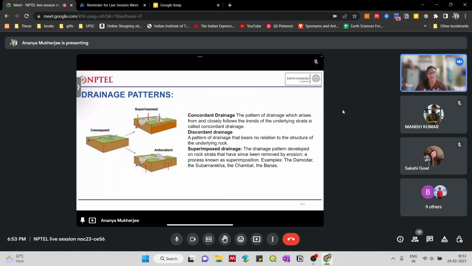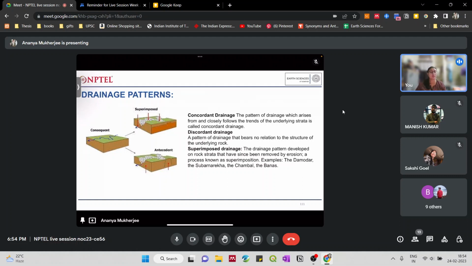The drainage patterns dependent on the structural trends, the slope, or the stability of that area are concordant drainage, discordant drainage, and superimposed drainage.